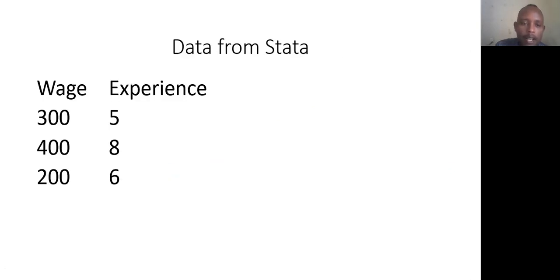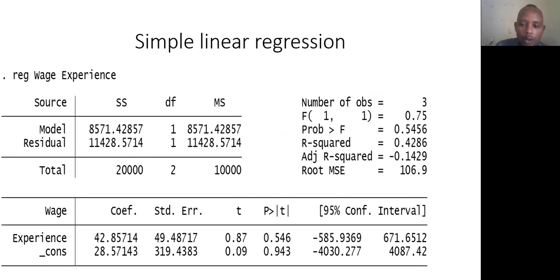What happens when we add to the number of observations? For example, look at here. Before we used only two observations, but if we add a third observation, what happens? Look at here. In the same manner, you can check the sum of squares. It is around 20,000.